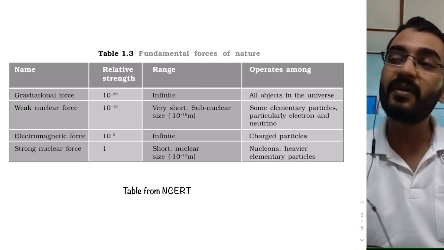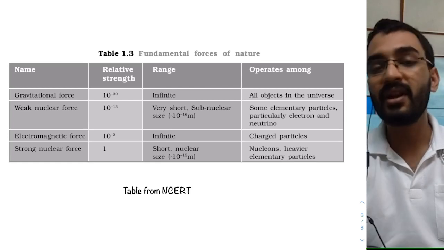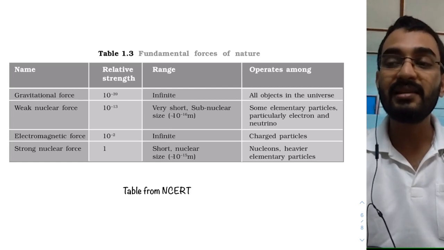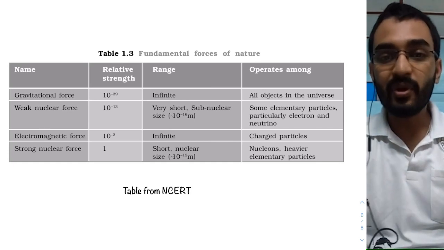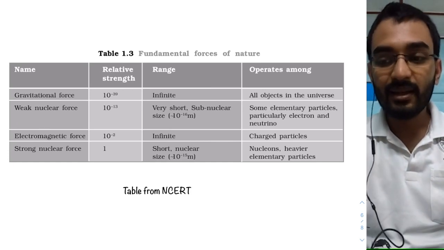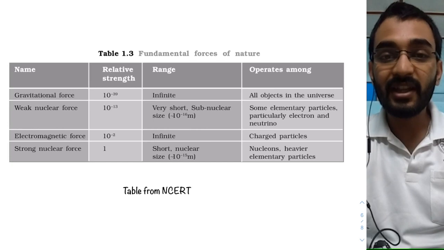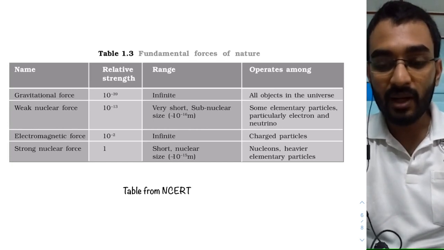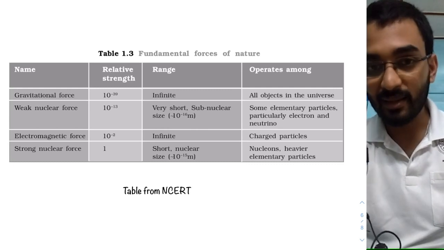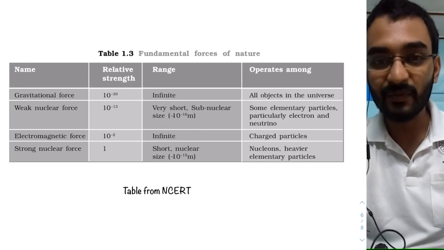And each and every force, like the muscular force or every other force we are experiencing, is derived from these four fundamental forces. Another most important law of physics is that each and every law in physics is valid in each and every part of the universe. If one law is valid here and not valid in some other place, that is not a physical formula.